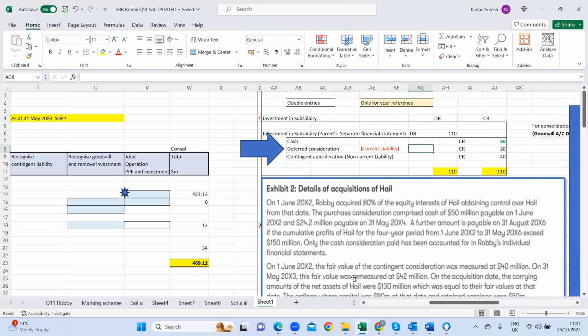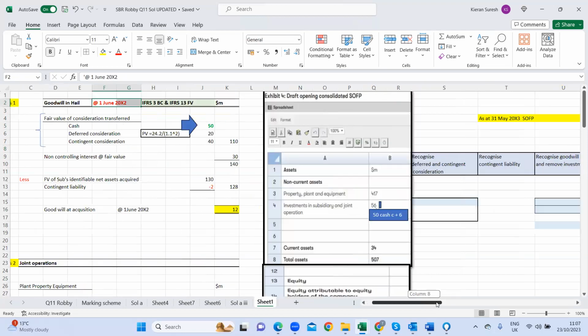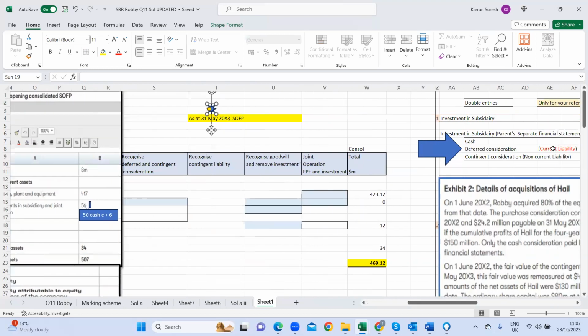But we bought the subsidiary on 1st June 2012, and we are preparing the balance sheet for 31st of May 2013. Standing at this date, 2014 is just 1 year away, so it has to be a current liability.